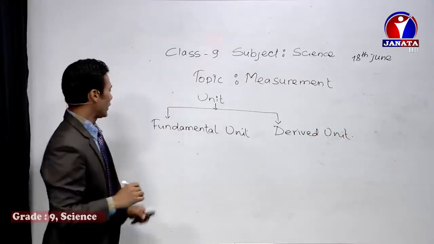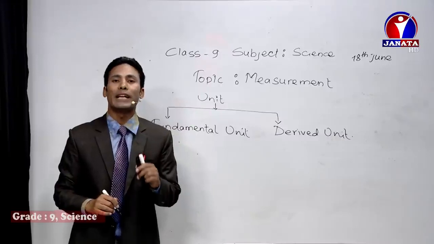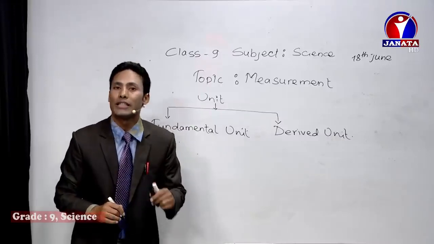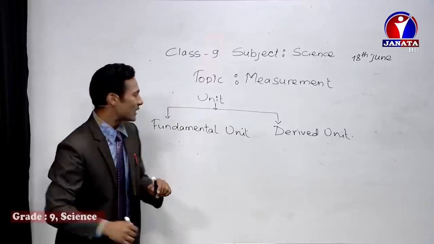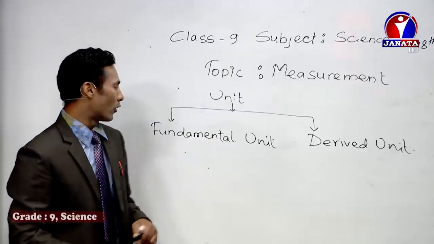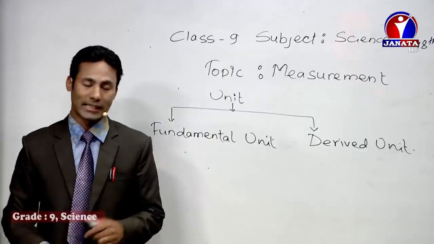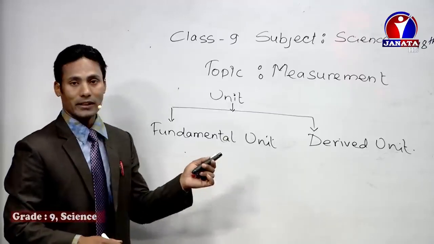The simple definition of fundamental unit: the unit which is used to express the fundamental quantity is called the fundamental unit. Also we can say the unit which is independent of other units is called the fundamental unit. An example is meter, that is a fundamental unit, right?